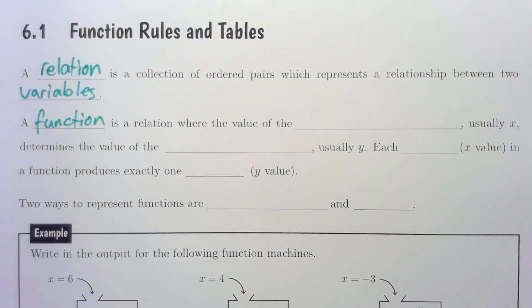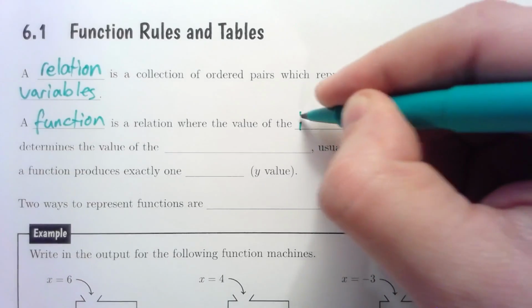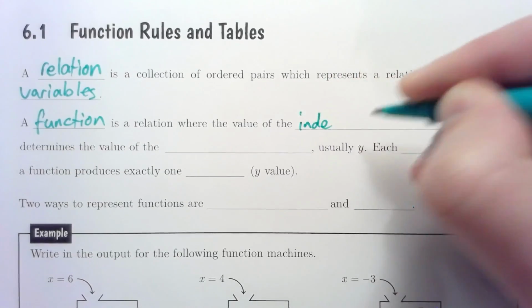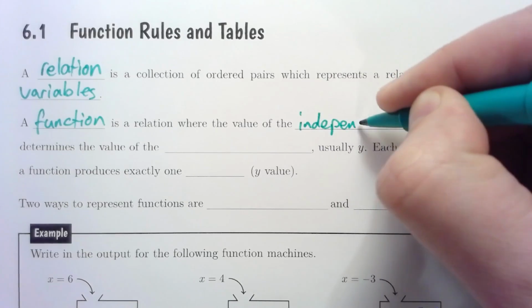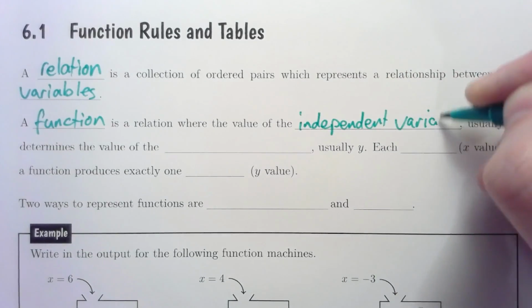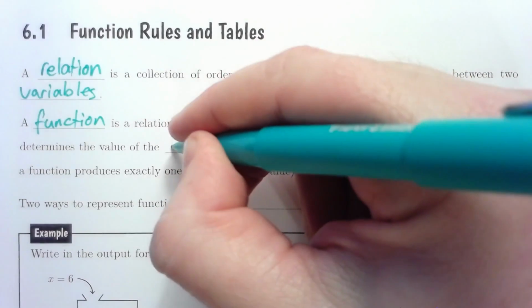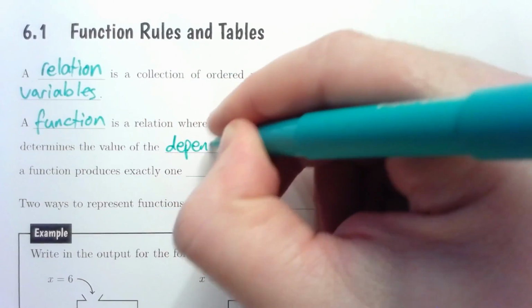But the function works like this. There is one variable, which we're going to call the independent variable. And that determines the value of the other variable, which we're going to call the dependent variable.